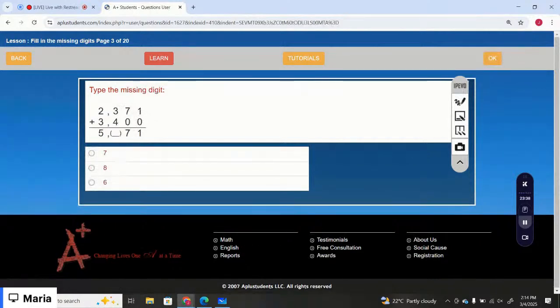Type the missing digit. Okay, 1 plus 0 is 1, 7 plus 0 is 7. So 3 plus 4, yes, 7. It is option number 1 is the correct option.